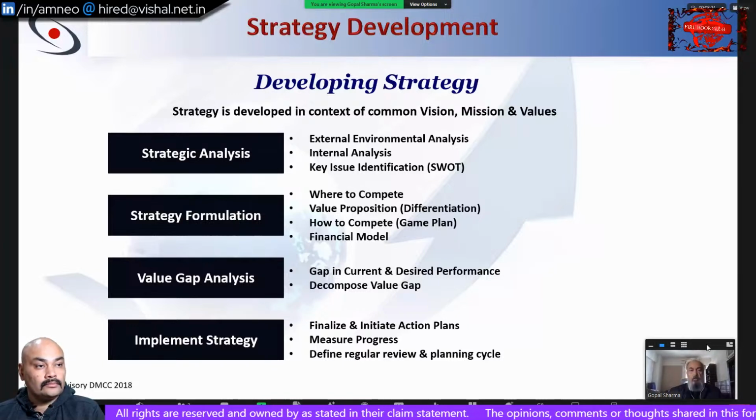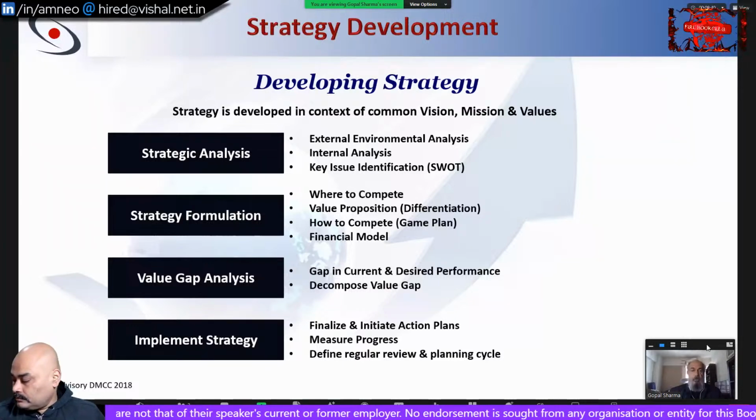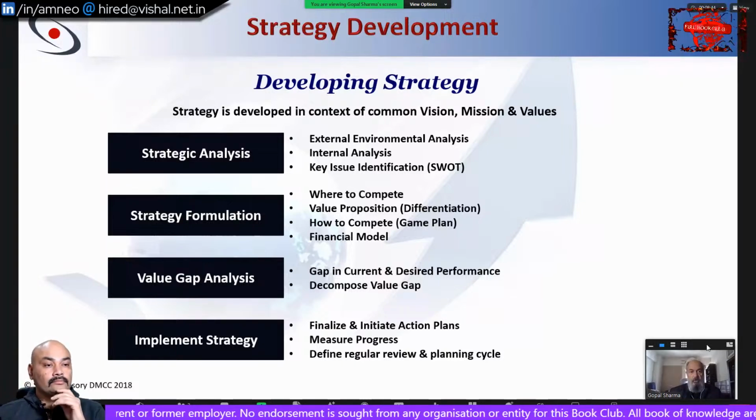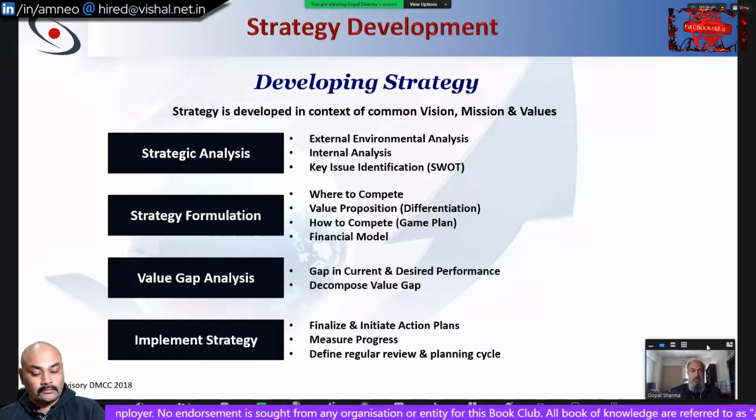And then you also do the internal analysis, whether your organization is capable of getting it. And if not, what needs to be done to prepare the operations or the business to achieve the results we are targeting. So that is what you do as part of a strategic analysis.